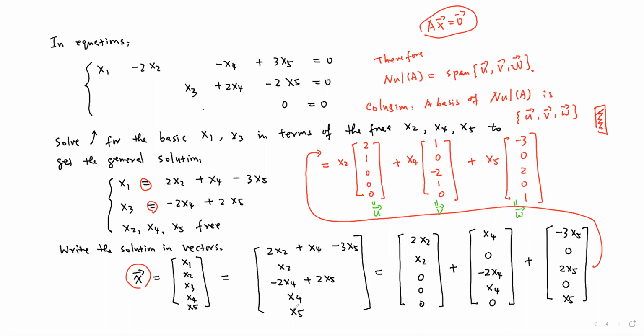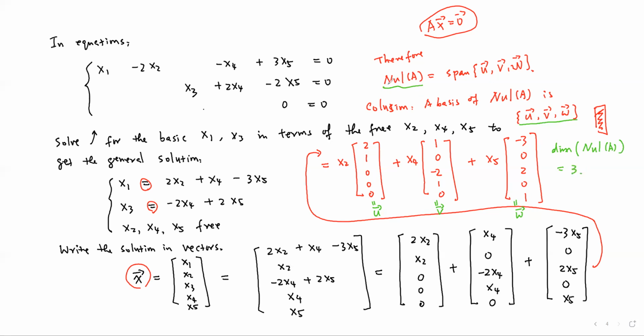Because the basis has three vectors, 1, 2, 3. Recall that the number of vectors in a basis is called the dimension of the space. So therefore, the dimension of this null space is equal to 3.